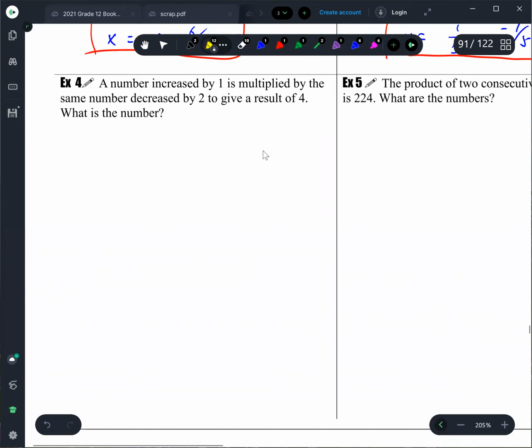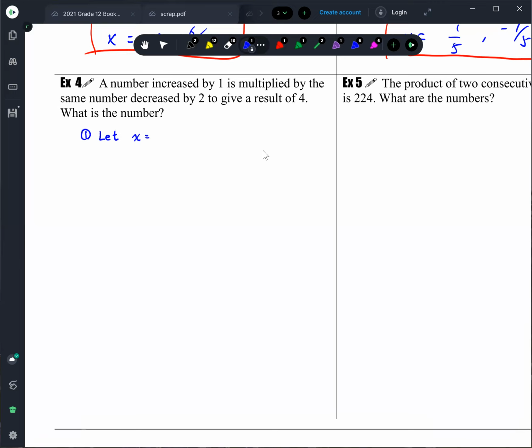For all word problems, you always have to write out the last statement. So we let x represent the something we want to find. Here, x is the number that we want to find. Let x be the number.